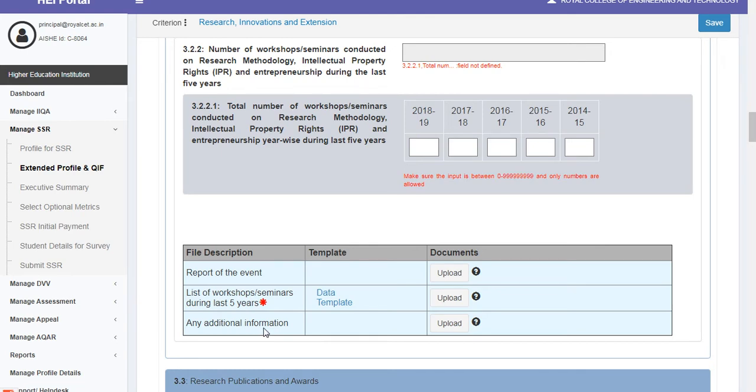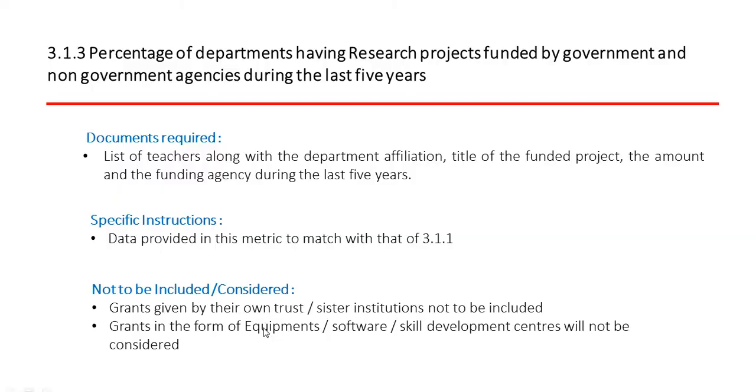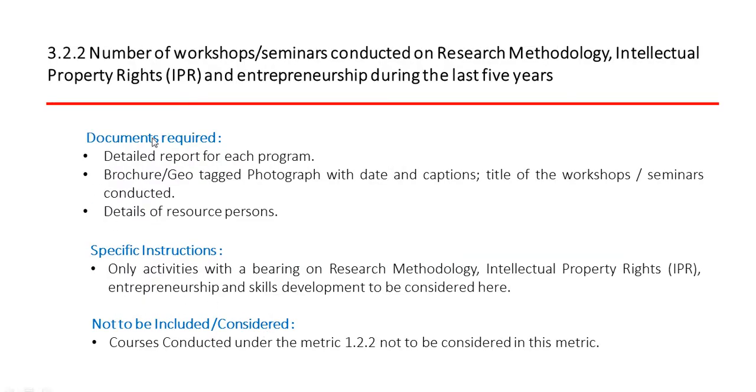Now let us see the further details of this metric. The documents required for verification of this metric are detailed report for each program, brochure or geotagged photograph with date and captions, title of the workshops or seminars conducted, details of resource persons.